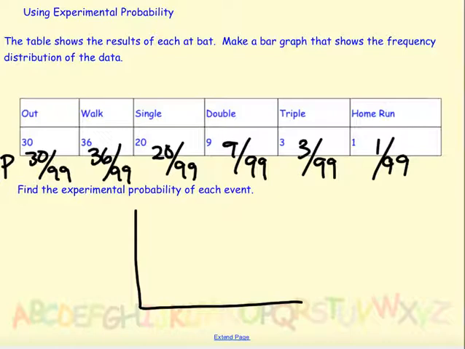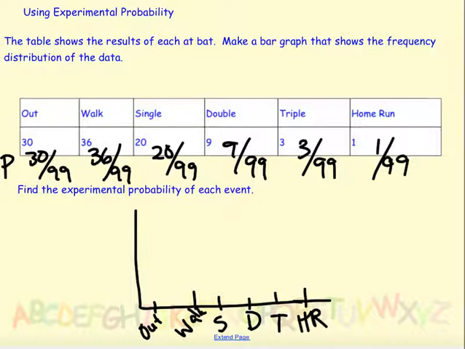Remember, bar graphs don't touch, and so we have these buckets that we can be in. So we can talk about the outs, the walks, the singles, the doubles, the triples, and the home runs. For each of these, I'm going to show how often it occurred.